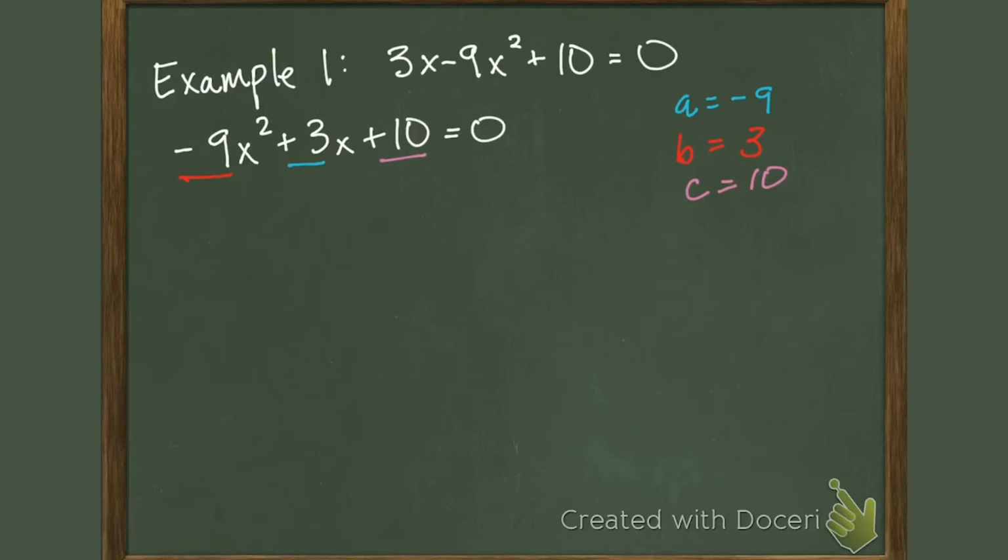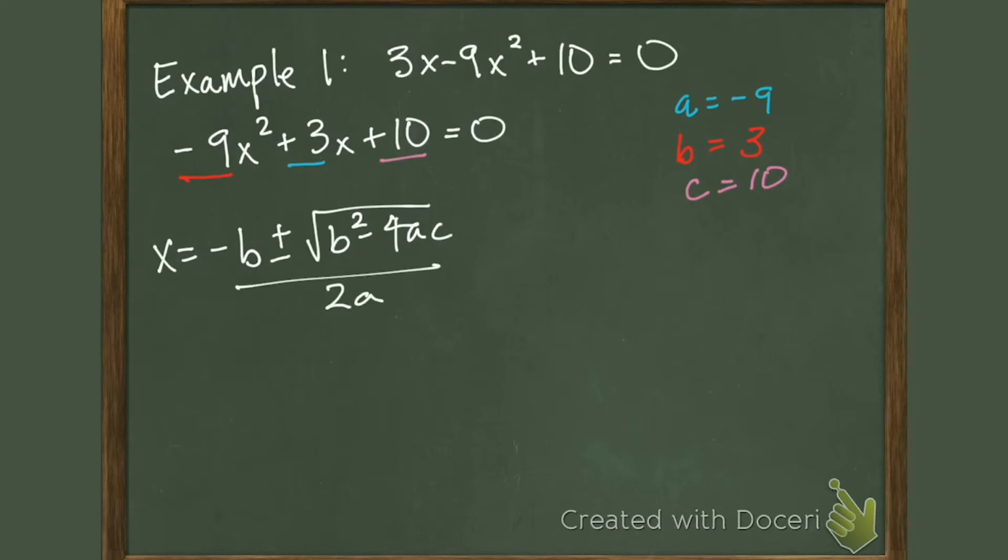Your third step is to actually write the quadratic formula with all the letters. Don't put any numbers in yet. I don't care how annoying it is. Do it. That's how you memorize it. So, x is equal to negative b plus or minus the square root of b squared minus 4ac, all divided by 2a.